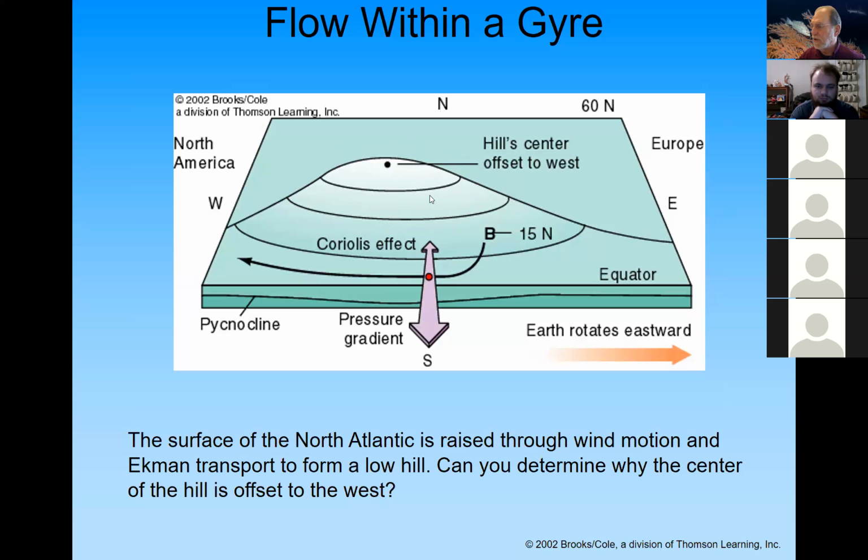And so these gyres, ocean gyres, are a component of all of the ocean basins, and they always occur on the western side of ocean basins. So there's a gyre in the Western North Atlantic Ocean, and there's a gyre in the Western South Atlantic Ocean.